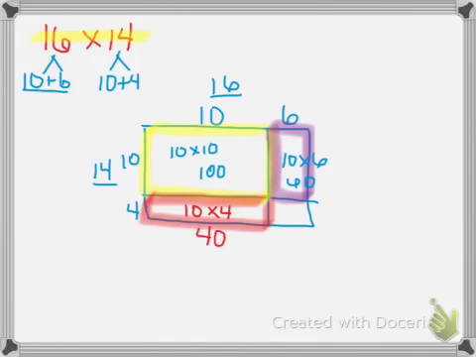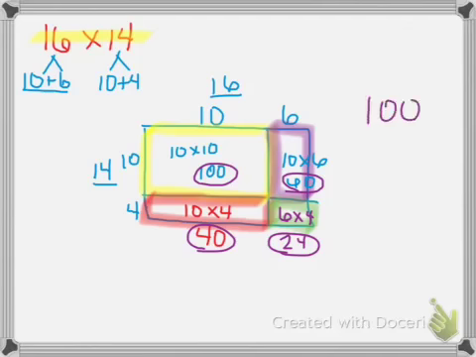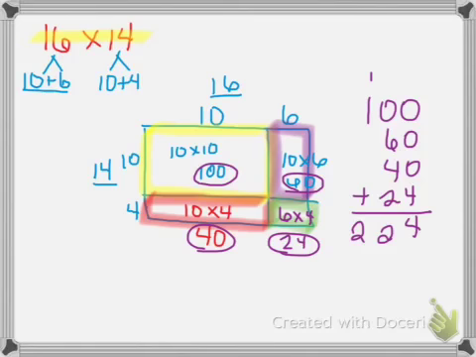And finally, I have my last little rectangle down here, which, when I look at my numbers that meet, is 6 times 4, which is 24. And I take all of my partial products and I add them up. And when I add them up, 224 is the answer to 16 times 14.